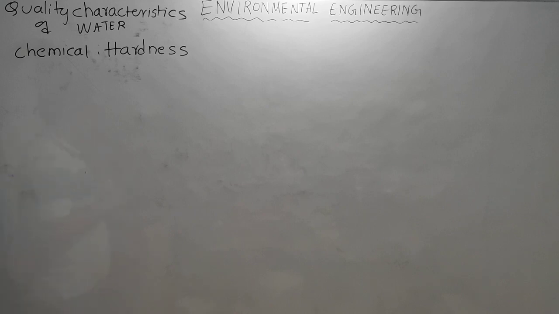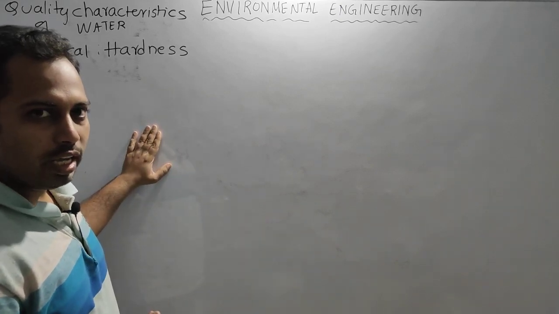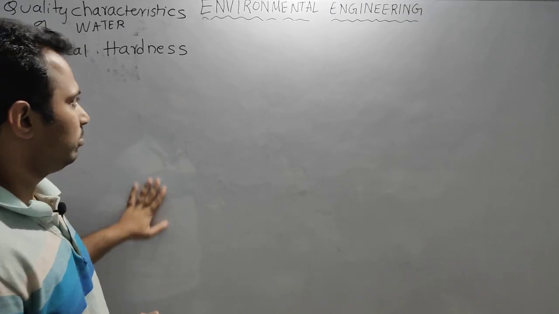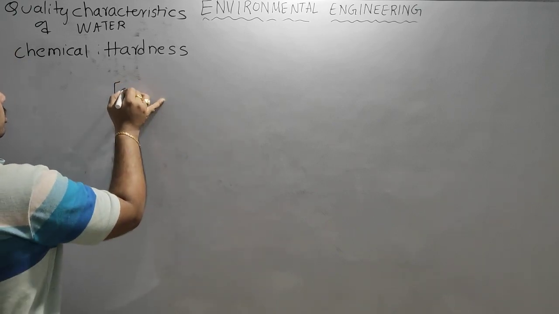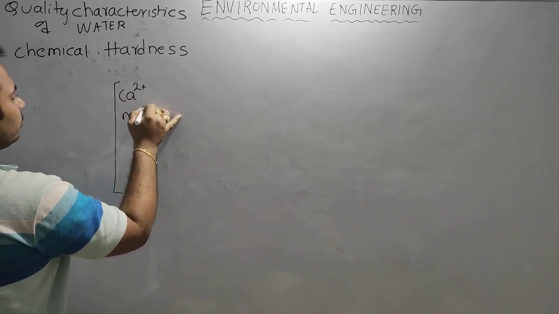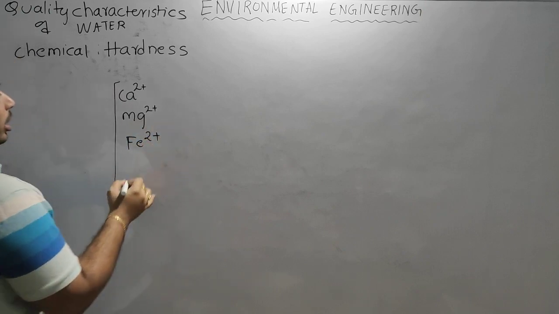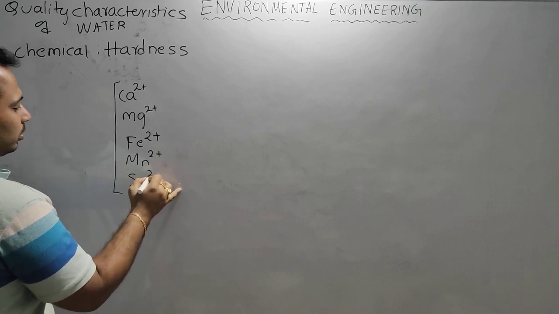But we only consider calcium and magnesium, because the major cations present in water are calcium and magnesium. In general, hardness is caused by Ca2 plus, Mg2 plus, Fe2 plus, Mn2 plus, Sr2 plus.